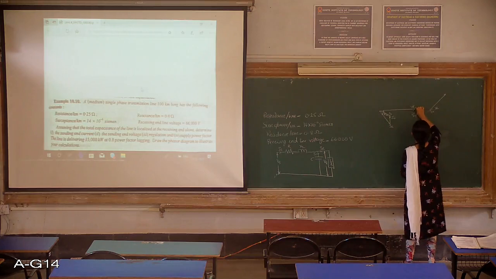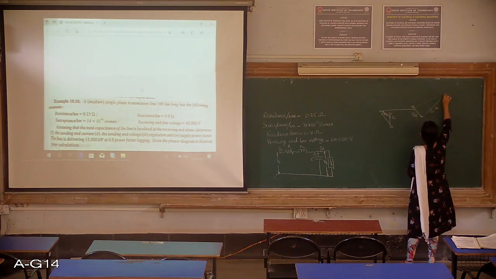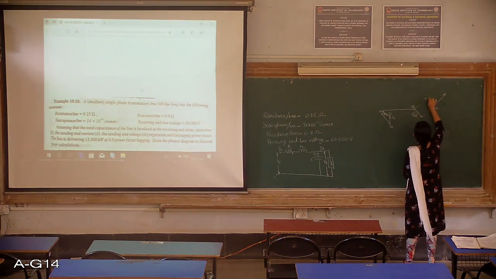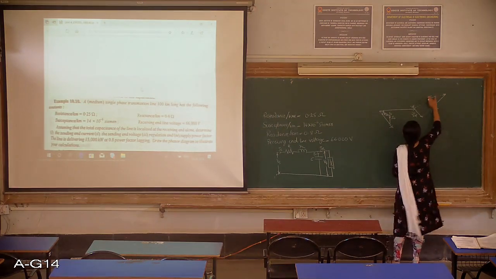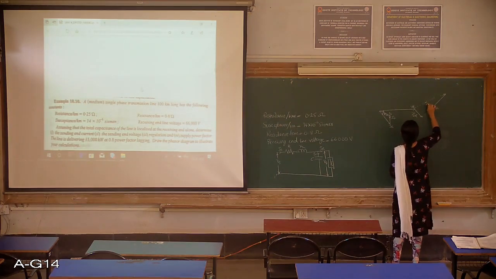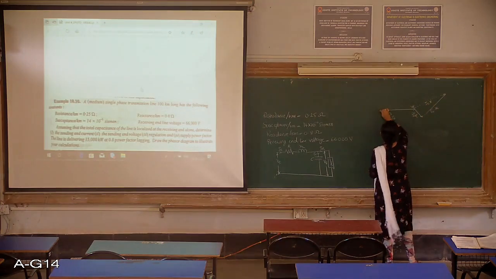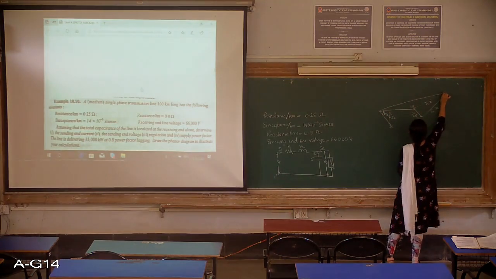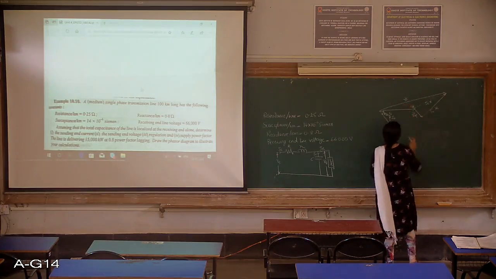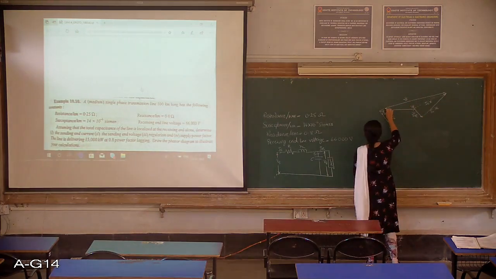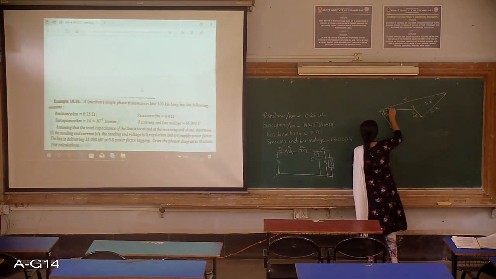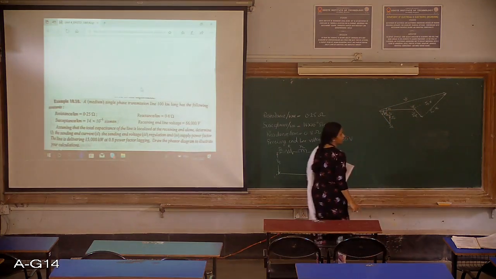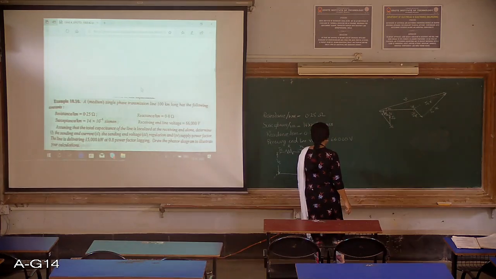This resultant is nothing but IS into Z, and this whole thing I will put inside so that I can draw the whole resultant. This resultant is nothing but your sending end voltage Vs. The angle between your Vs and Is is phi s. This is the phasor diagram for the problem.